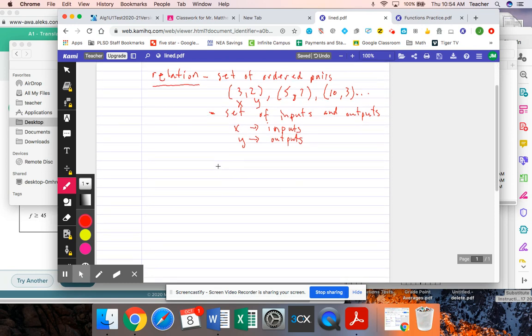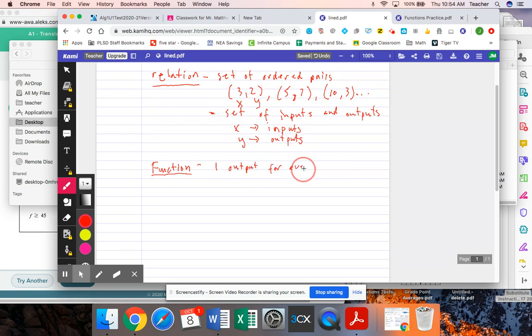Now, relations are fine, but what we're more interested in is the idea of a function, which takes it a little bit further. Something is a function if and only if there is only one output for every input.